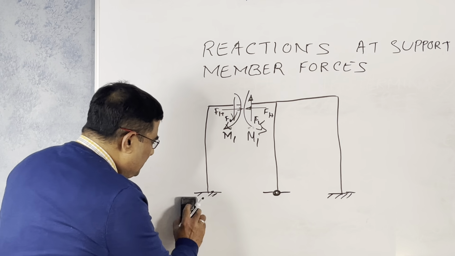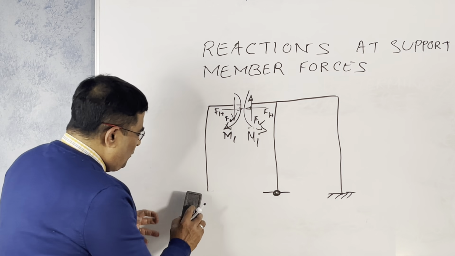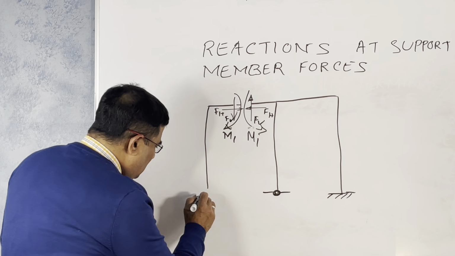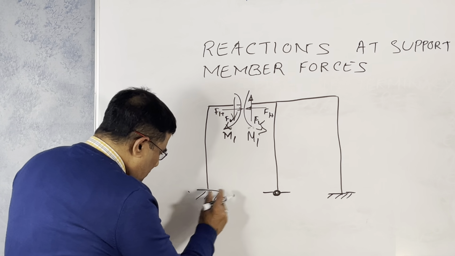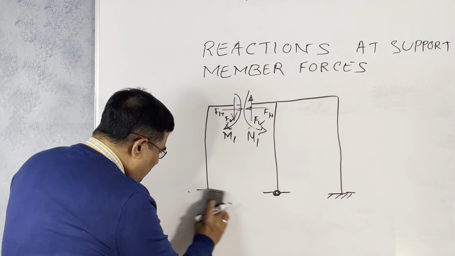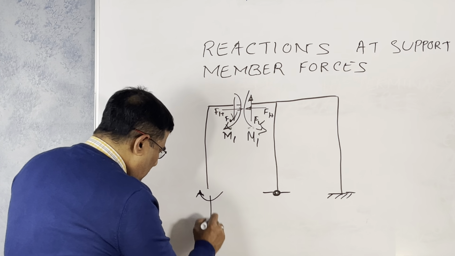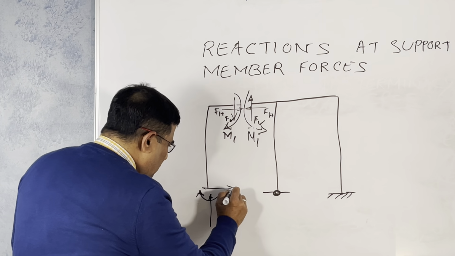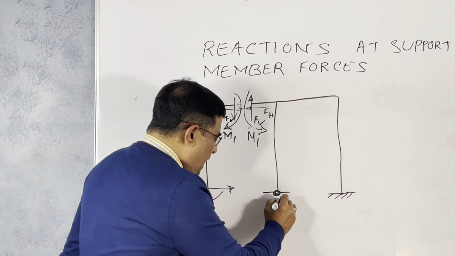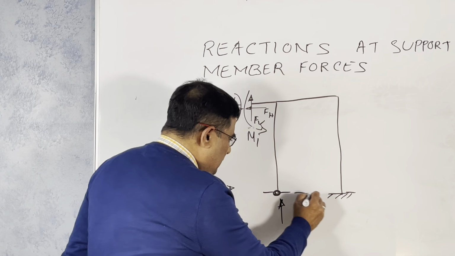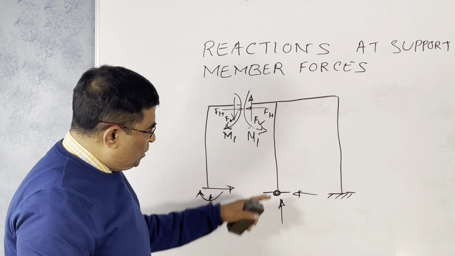But what is the unknown here? That is the member unknown. What are the unknowns of these reactions here? It was fixed, right? If you represent it in terms of forces, there will be a moment, a vertical force and a horizontal force. It is a hinge, so it will have a vertical force and a horizontal force. The moment part is absent; it is zero because of the hinge.